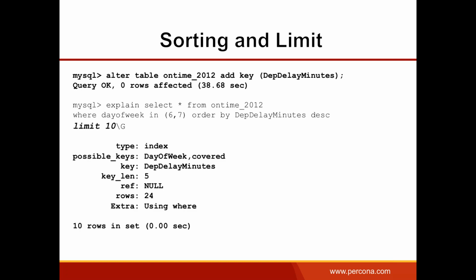When I do this explain, I will see that instead of using a day of week field, or instead of using a covered index, it's actually used the dep delay minutes. So why is that? What's the difference? The difference is limit. When I specify the limit 10, MySQL is smart enough to choose this dep delay minutes.